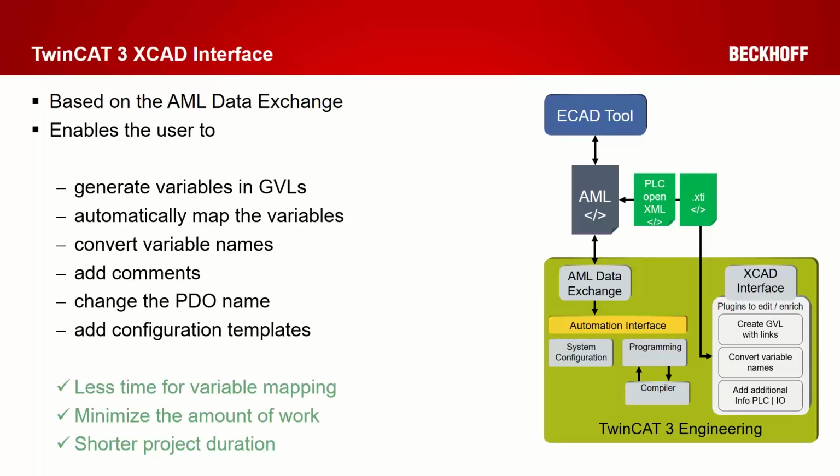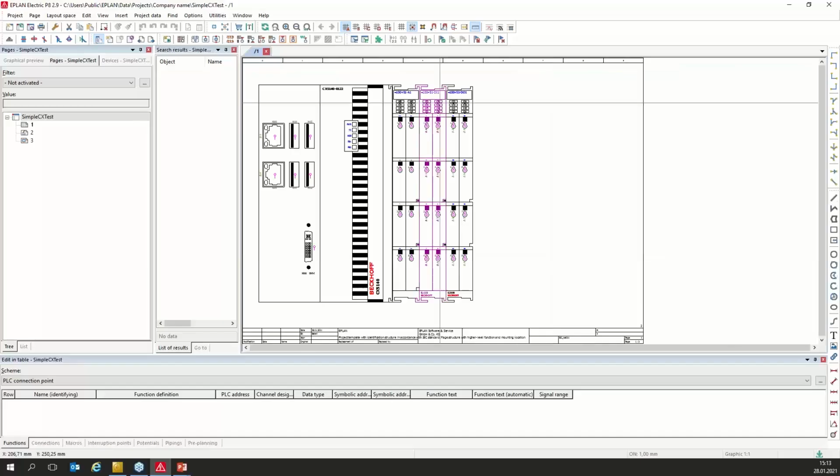And now I would like to switch to the live demonstration to shortly show you what the XCAD interface is capable of. I have prepared a short demonstration, which I have implemented in ePlan as the ECAD tool side. And I'm going to export this topology.